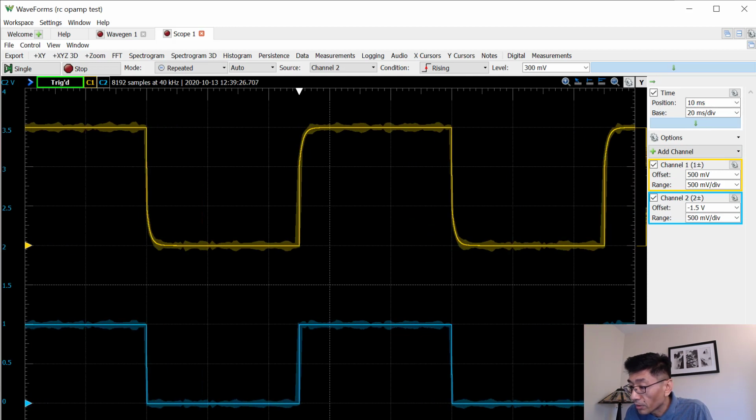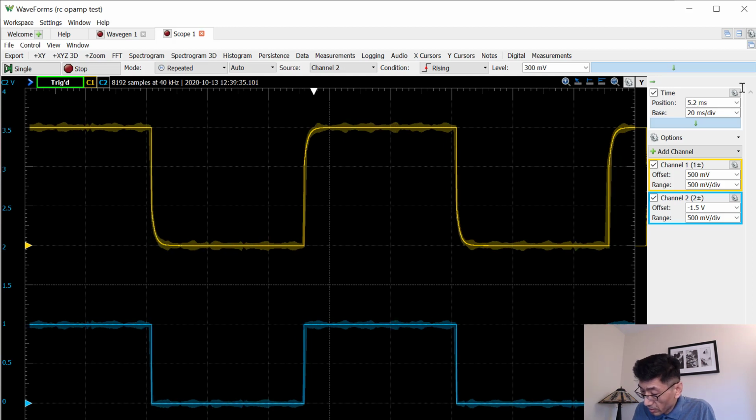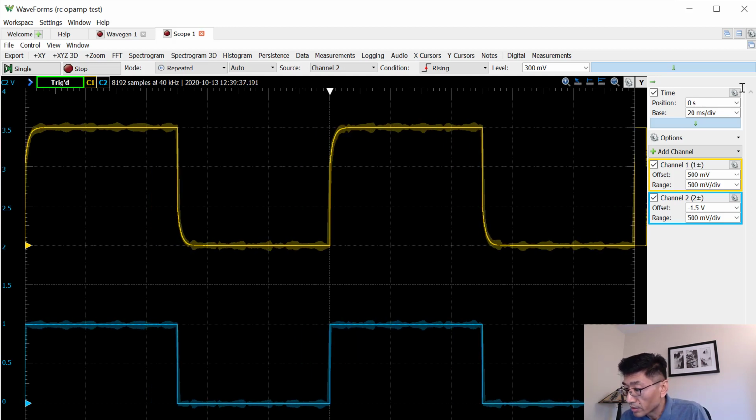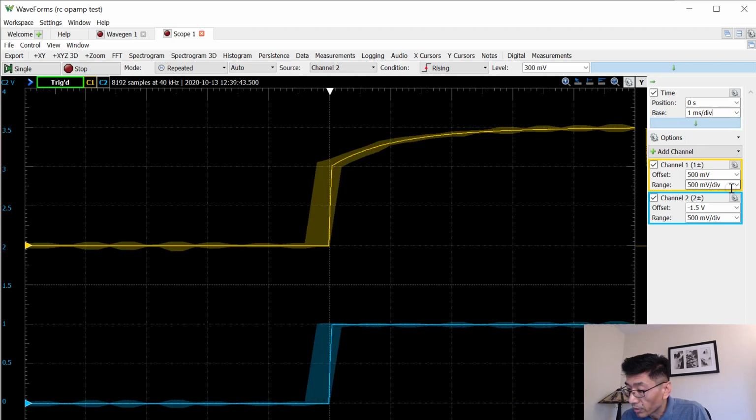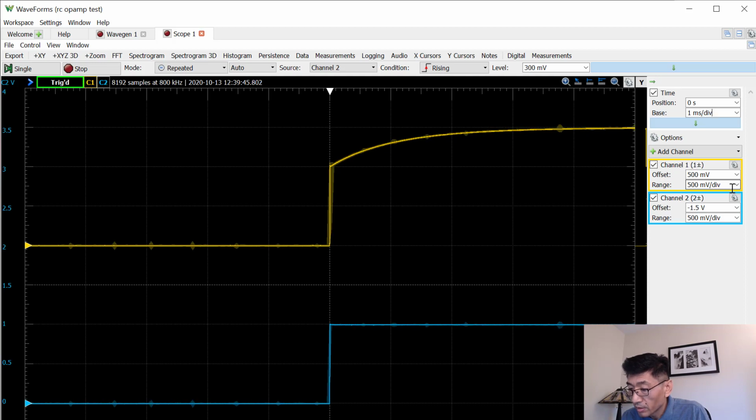I want to position it at 0. I want to change the time to 1 millisecond per division. This is very similar to the one we saw in Google Colab, right? In this case, I have a step change.